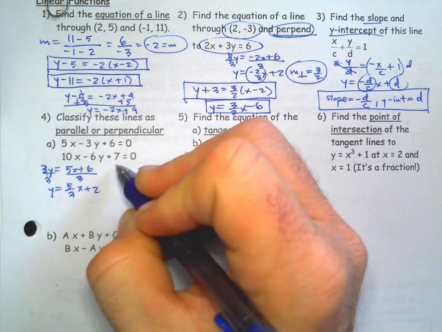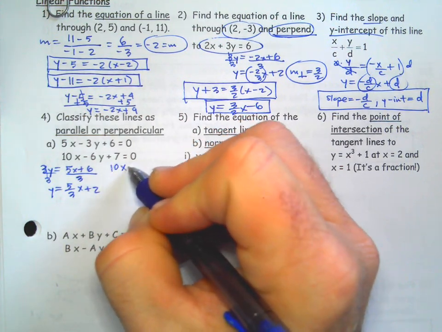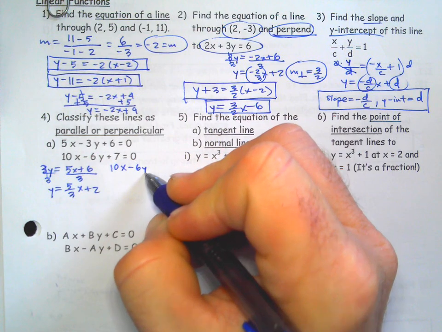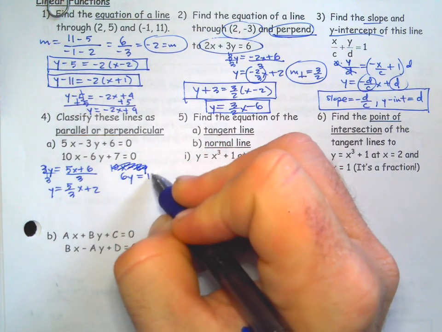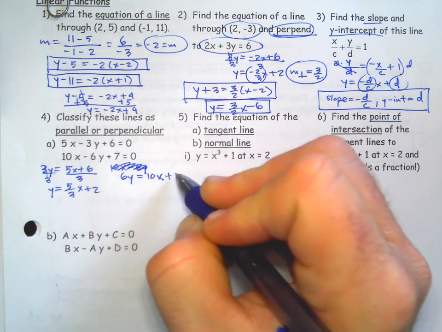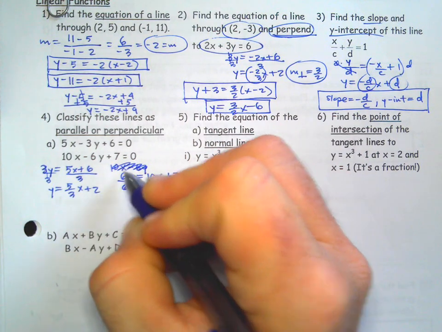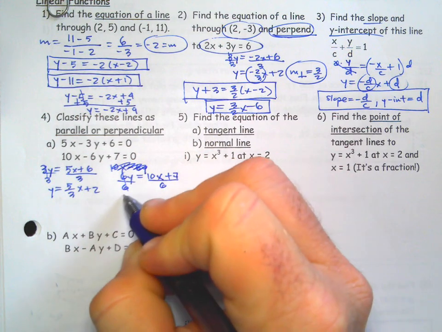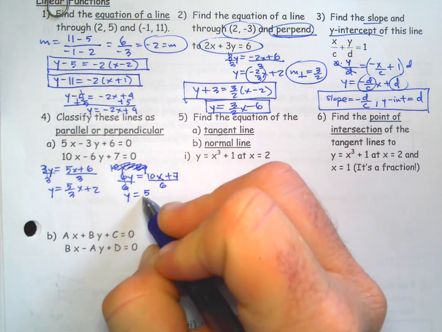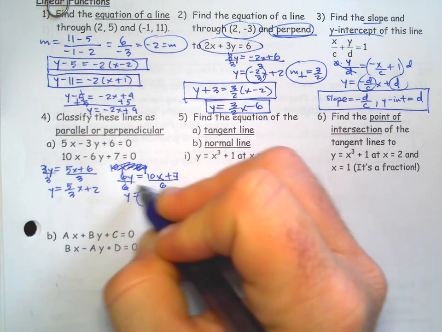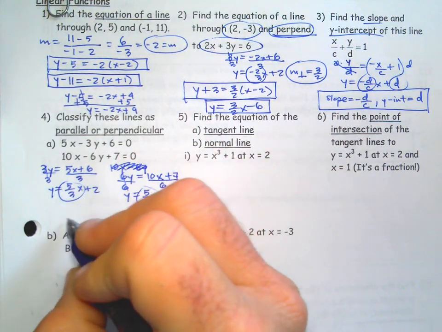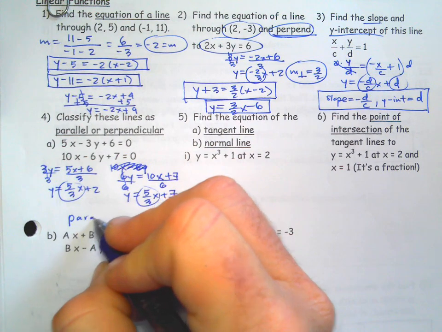If you try to do this in your head, I don't know, it seems like that's going to lead to some mistakes. I just don't think it's worth it. And if you make a mistake, then you can't get partial credit on my test. So show your work. Okay, so I have the same slopes. So they are parallel.